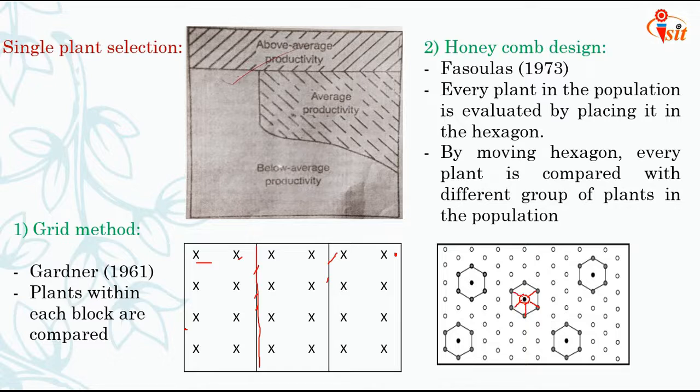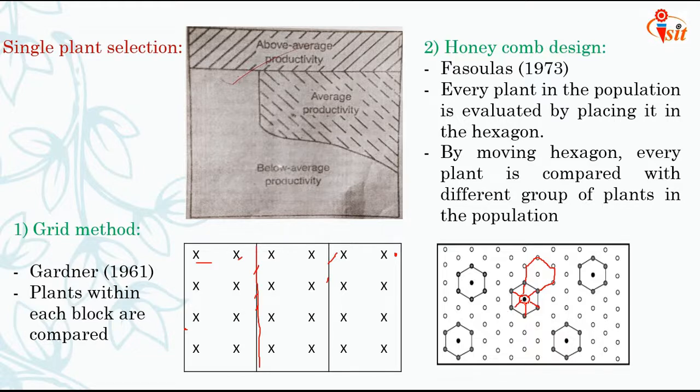Then the hexagon is moved to another place. By moving the hexagon, every plant is compared with a different group of plants in the population.